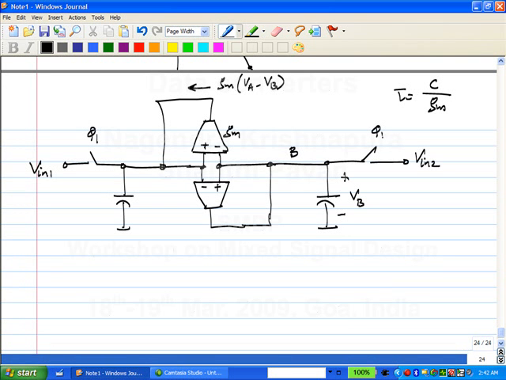So when phi 1 is closed, right, when the switches are closed, do you actually need the regeneration? Do you need this amplification process when the switch is closed? I mean, okay, by the way, what is this guy here doing?